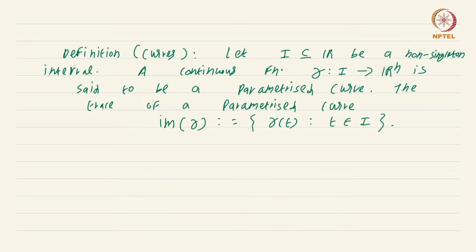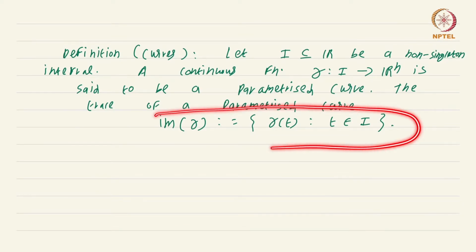So in essence, the curve is the function gamma from I to R^n, but the term curve conjures up in our mind an image of a squiggly sort of thing floating in space. That squiggly thing floating in space is this image of gamma.